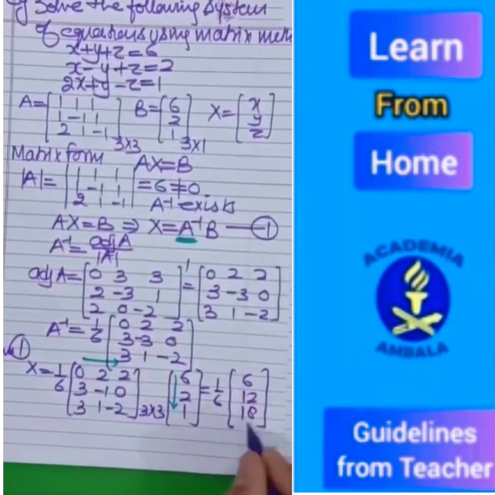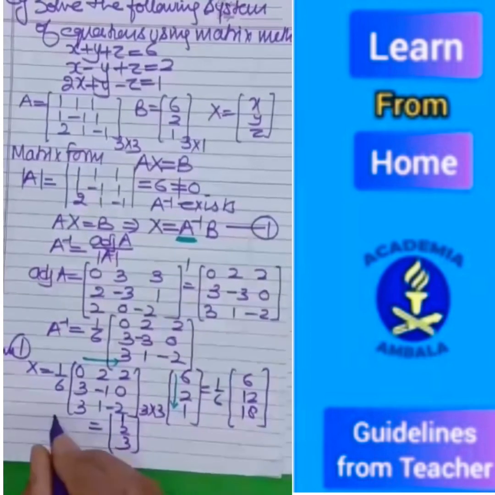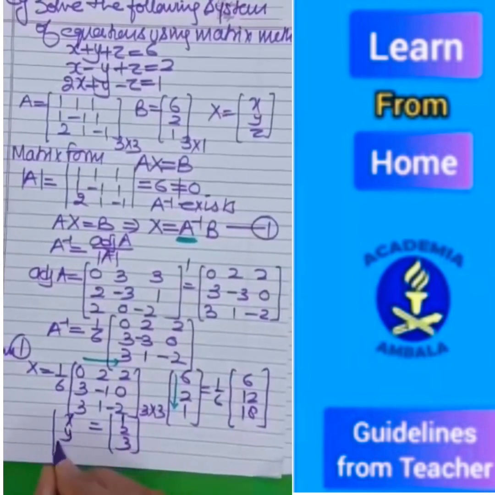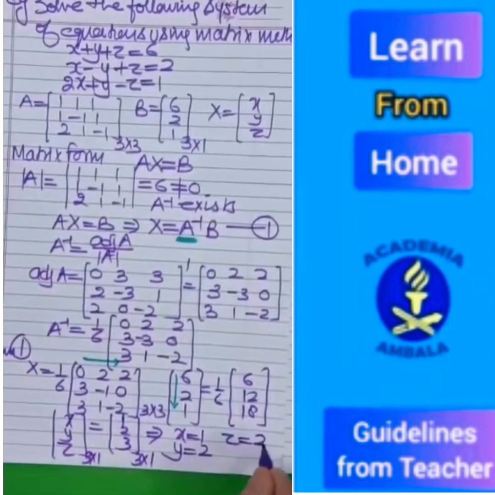After dividing each term by 6, we will get 1, 2 and 3. And your X is what? X, Y, Z. By equating both the matrices, we will get x is equal to 1, y is equal to 2, z is equal to 3. This is the solution of the system of equations using the matrix method.